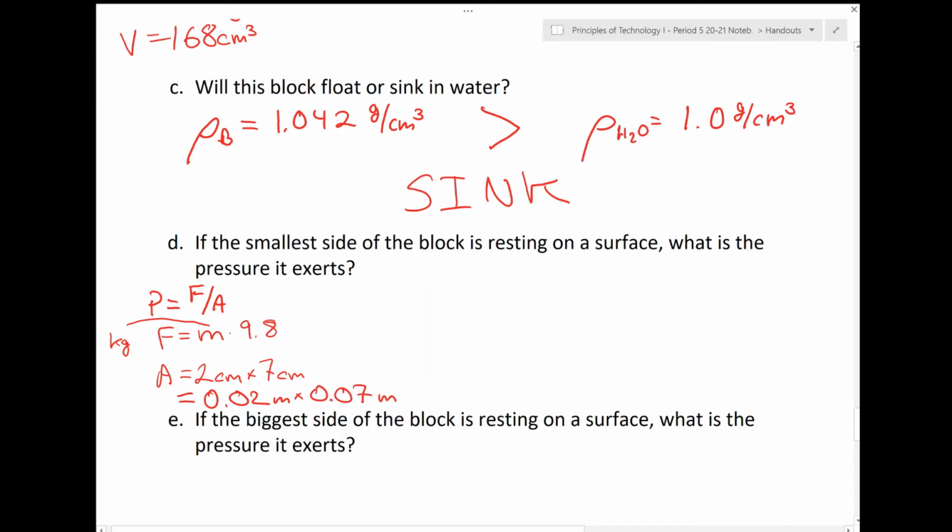Because remember, you divide 2 centimeters by 100 to get meters, and you divide 7 centimeters by 100 to get meters. So when we calculate this area, we have 0.02 times 0.07. We're going to get 0.0014 square meters.